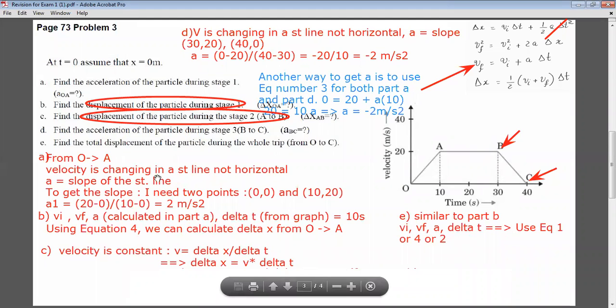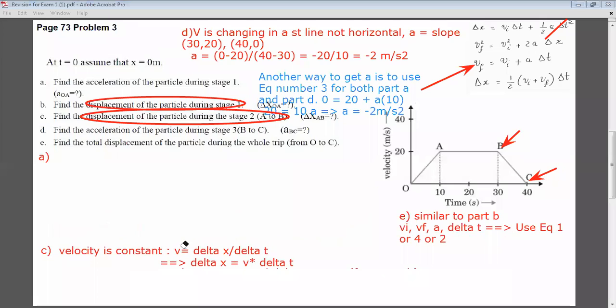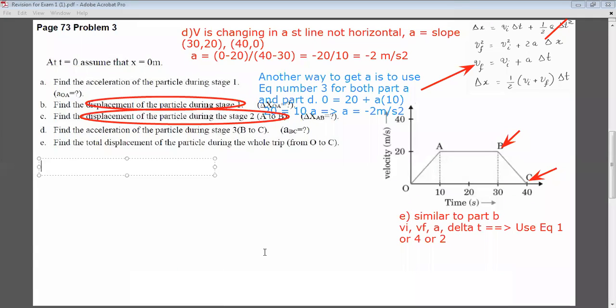Okay, let's erase a little bit. So displacement is equal to the total displacement. One way, as we said, we just sum up what we got from part B, part C, plus we calculate in part E the displacement, and then we sum them up. This is one way.